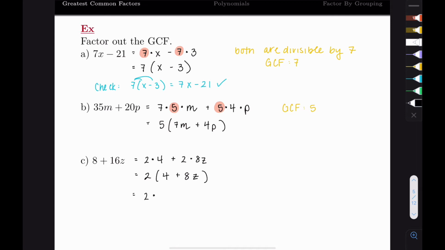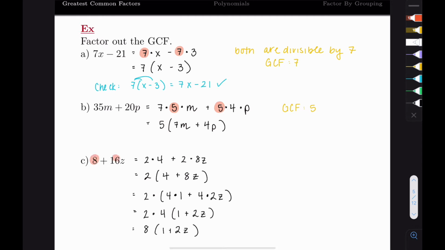So we can go ahead and write this first piece as, think of it as 4 times 1, and the second piece as 4 times 2z. So now I can also take out a 4, and we're left with 1 plus 2z. And then the front we can simplify a little bit. That gives us 8 times 1 plus 2z.